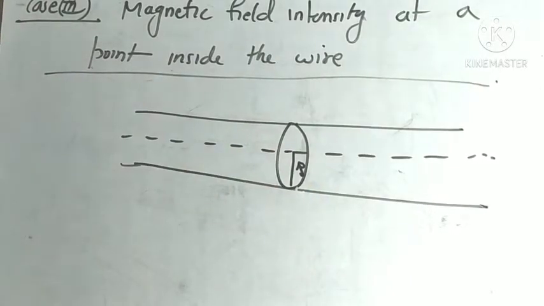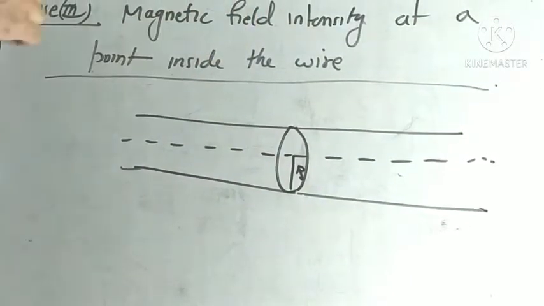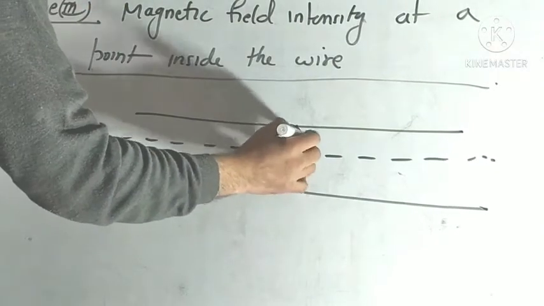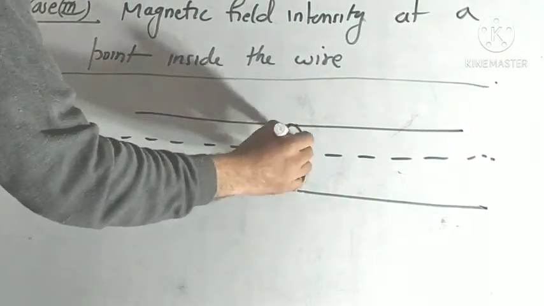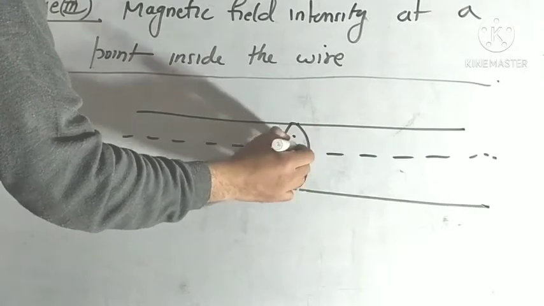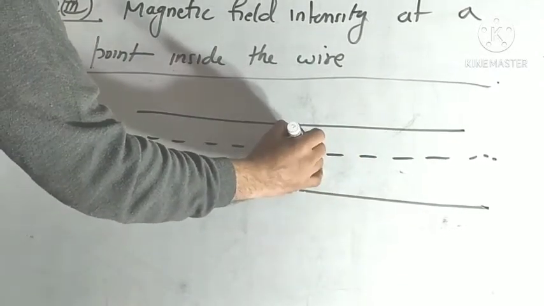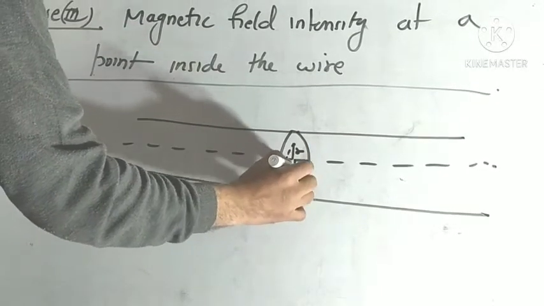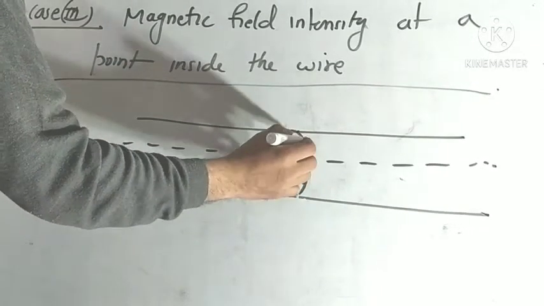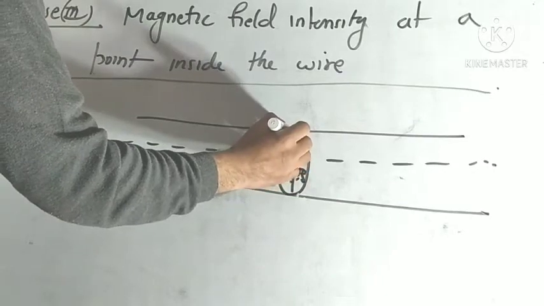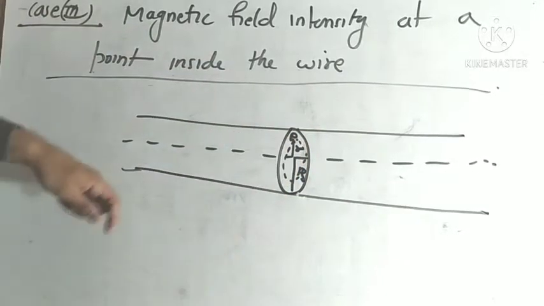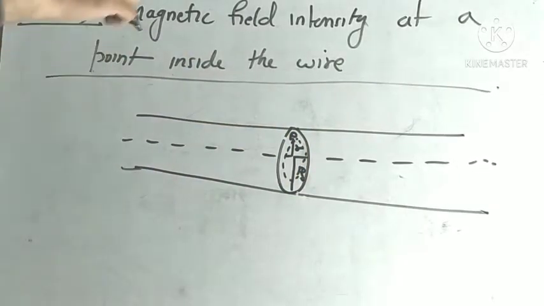We have to find the magnetic field intensity at a point inside this wire. So we take any point inside this wire, and the distance of this point from the axis of the wire is small r. This is the point P, and we have to find the magnetic field at point P, which is inside this wire.